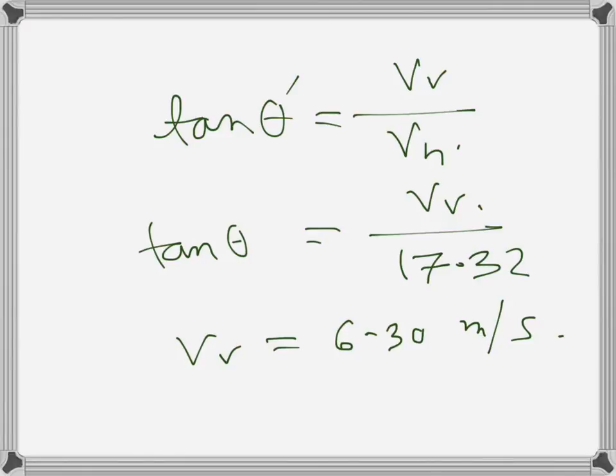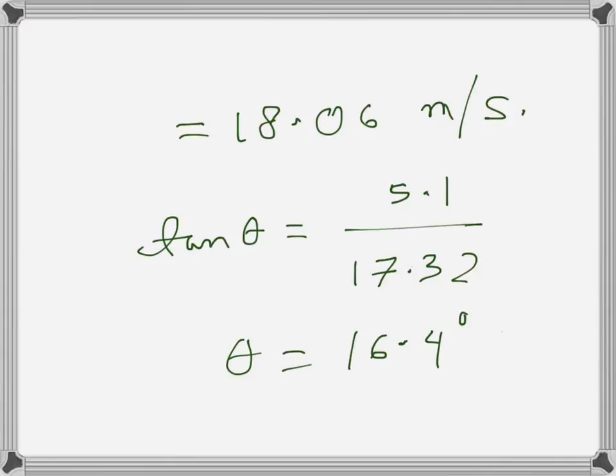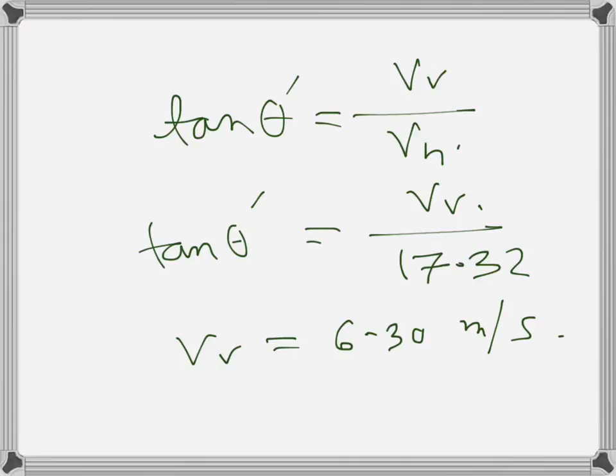I should use theta prime probably, because I used theta previously. Anyway, so here the new theta prime is 20 degrees and the new vertical velocity is 6.30. Now we need to find when the vertical velocity is that. This is the new vertical velocity, and this is the initial vertical velocity, which we can say v sine alpha or u sine alpha.